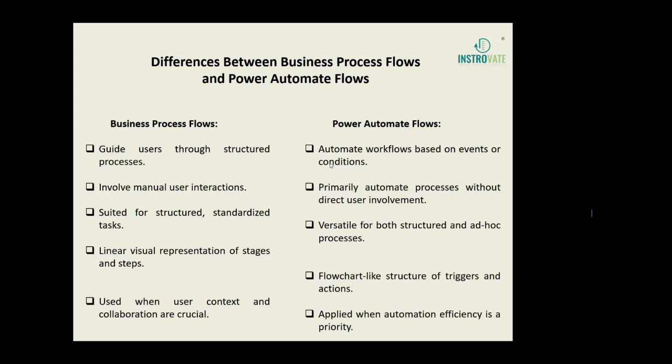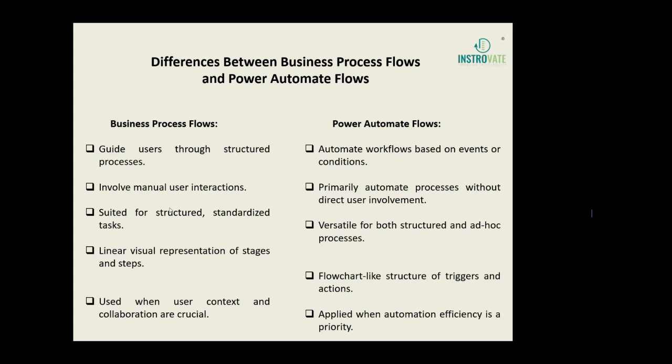Now, business process flow is suited for structured, standardized tasks. On the other hand, Power Automate is versatile for both structured and ad hoc processes. Business process flow is a linear visual representation of stages and steps, which I have explained in the image.